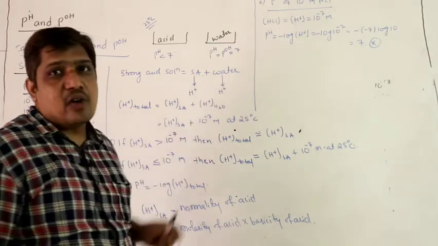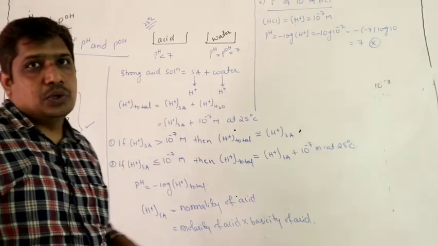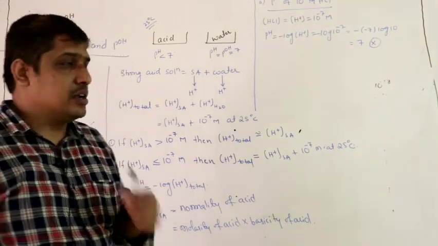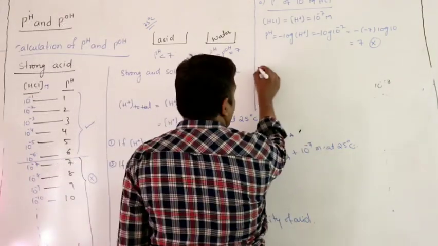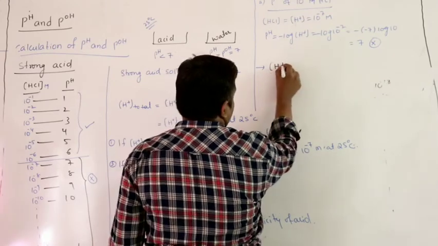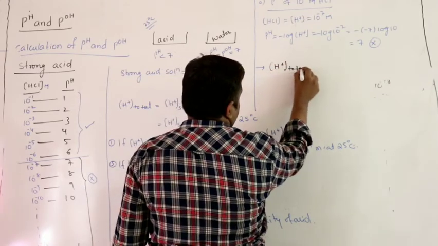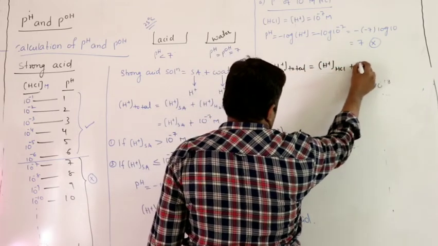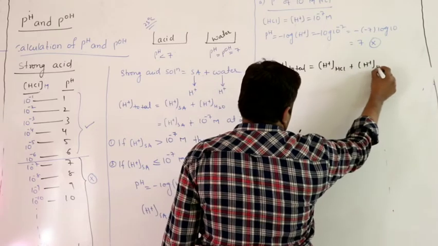So what is the mistake I have done? This is a very dilute solution. We have to consider the dissociation of water also. So this is the other way. Since it is very dilute, first find total H plus ion concentration. What is total H plus ion concentration? H plus from HCl plus H plus from water.